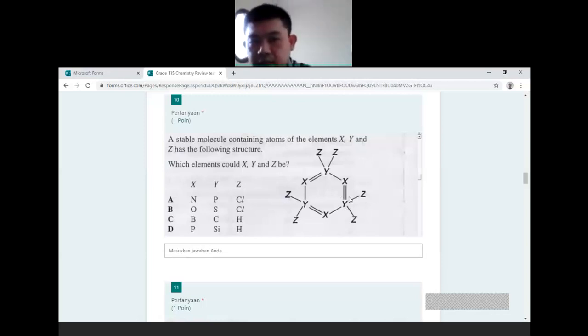And then X has 3 electrons shared in the outermost shell, so X must be nitrogen. In here, X is nitrogen, Y is phosphorus, and Z is chlorine.